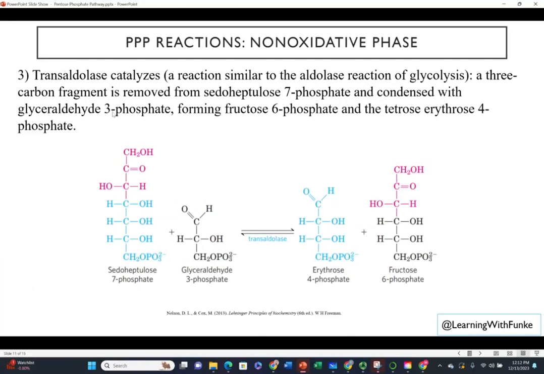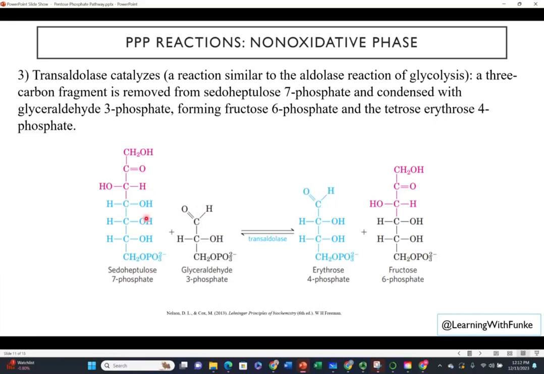All right, so next step, after we have formed S7P and G3P, these two will also undergo a transaldolase-catalyzed reaction. And you can see here, kind of similar to the aldolase reaction from glycolysis that we went over, there's a 3-carbon rearrangement where these 3 carbons are removed from sedoheptulose 7-phosphate and condensed with G3P to form the rest of this here.